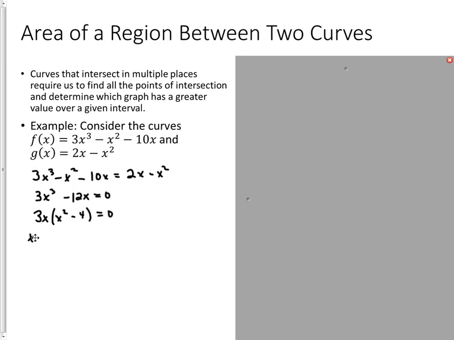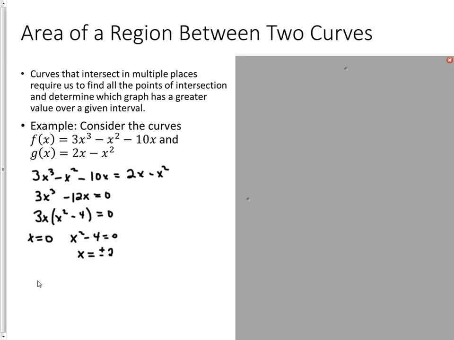That gives us x equals 0 as one of those points of intersection. If x squared minus 4 is equal to 0, we get two more zeros at x equals positive or negative 2. So in fact, we have 3 points of intersection.